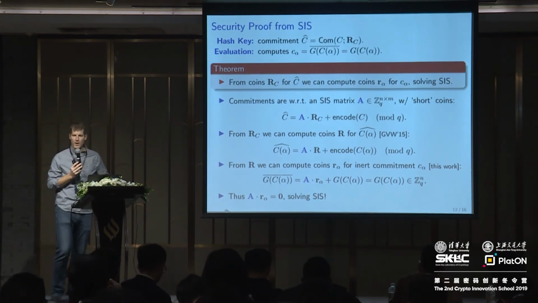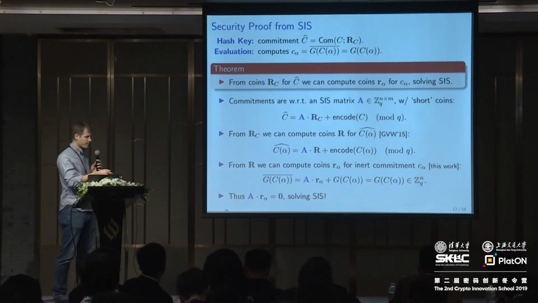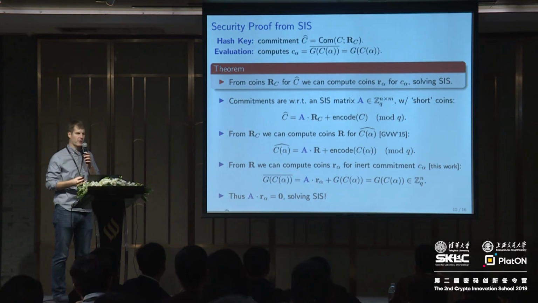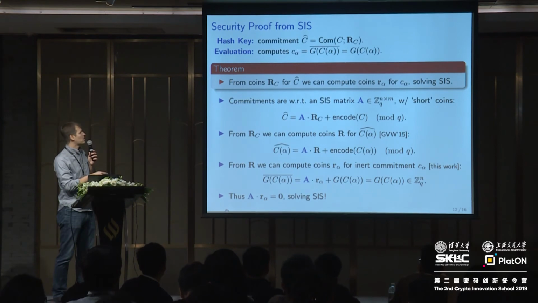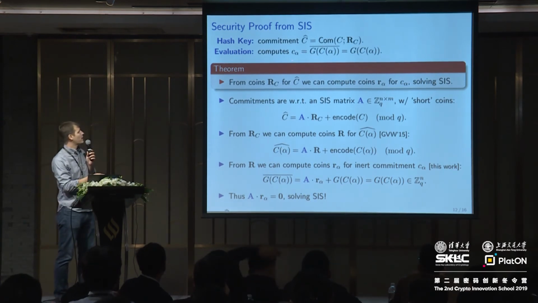So to recap this argument briefly, we start by providing a fully homomorphic commitment to our circuit. We provide that to the attacker. The attacker then gives us an alpha for which C alpha equals G of C of alpha, and we know that inside of C alpha is as well G of C of alpha.